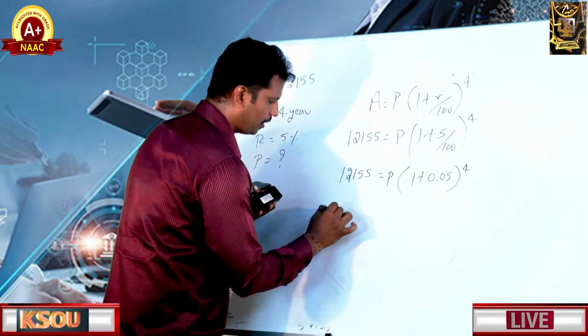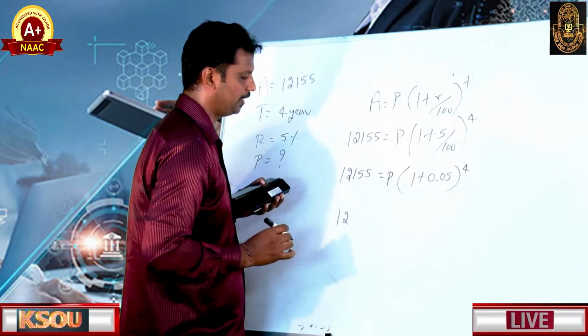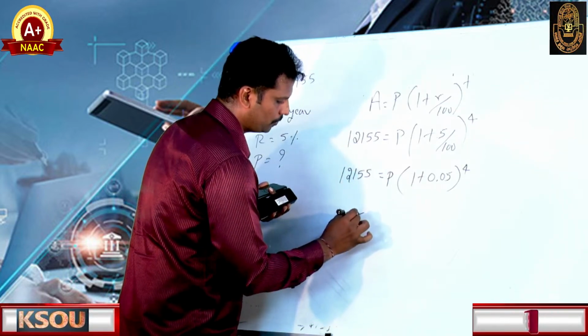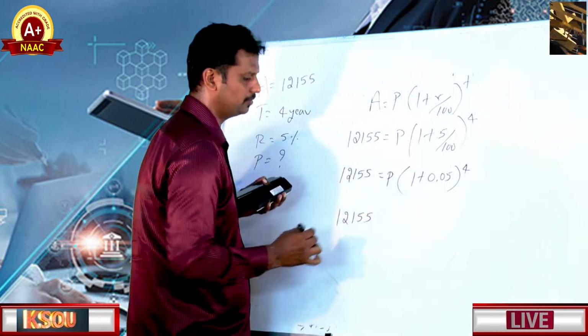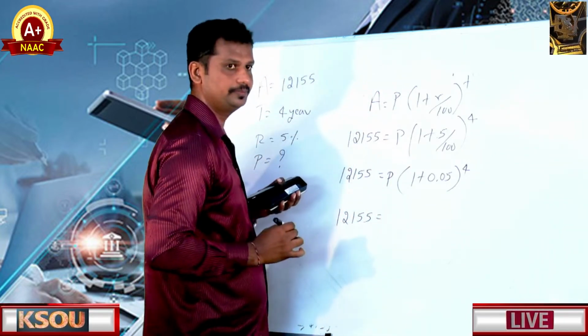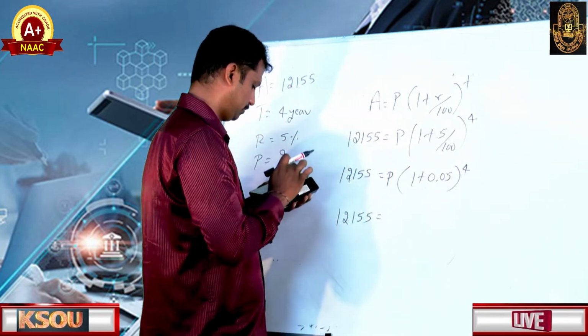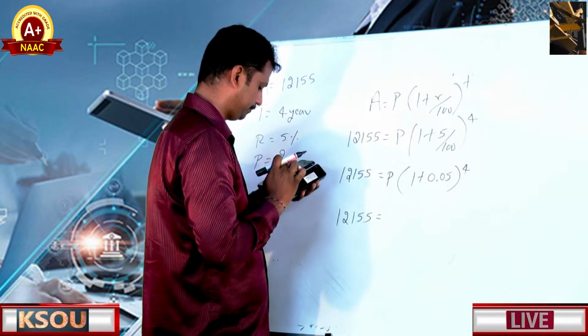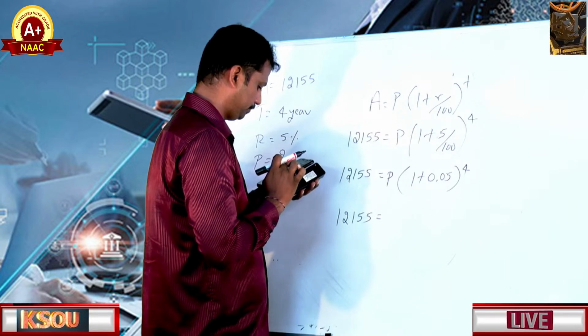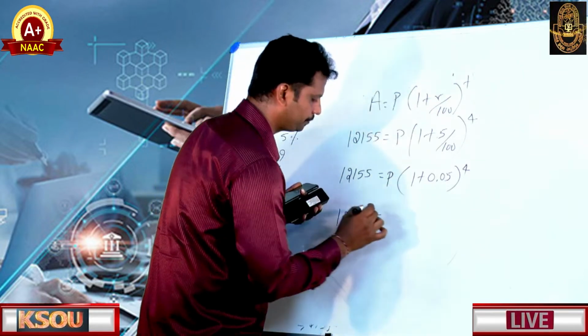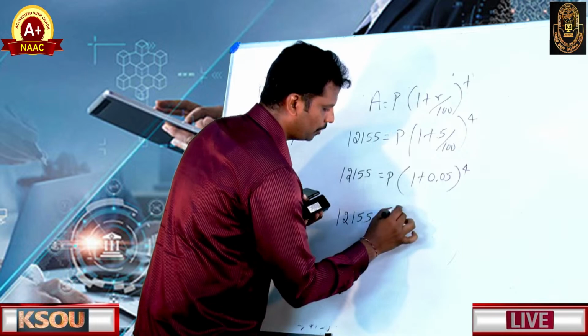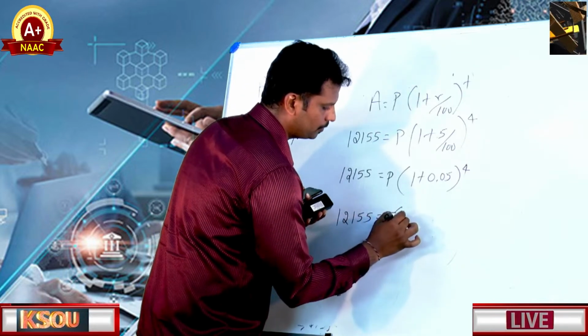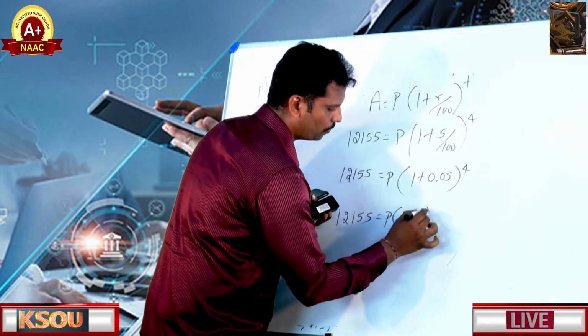Okay. Now 12,155 equals P into 1.05 to the power of 4.